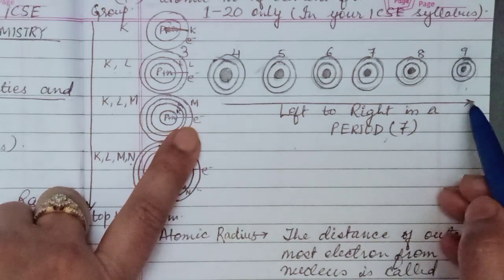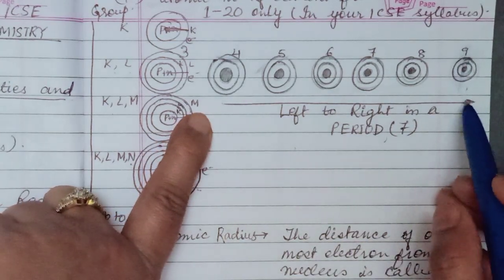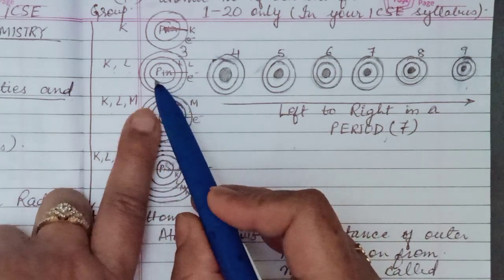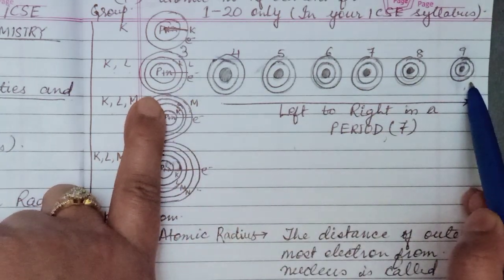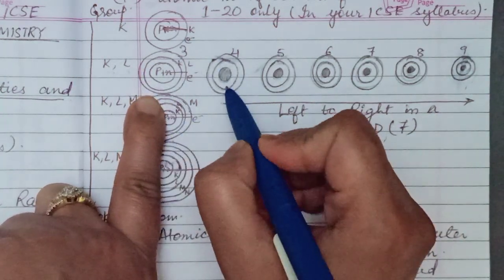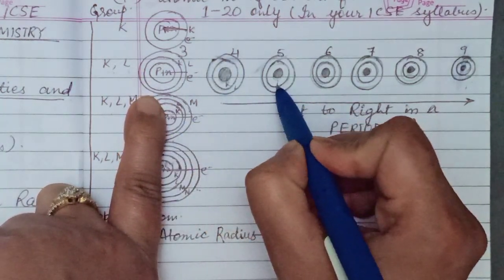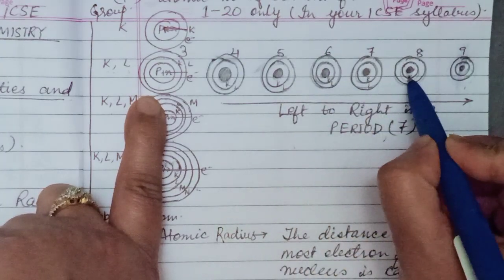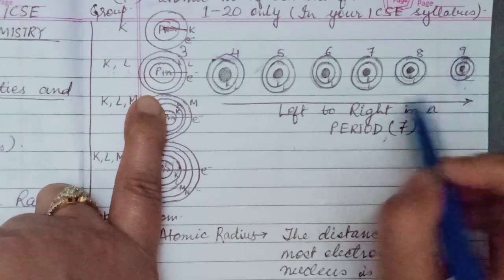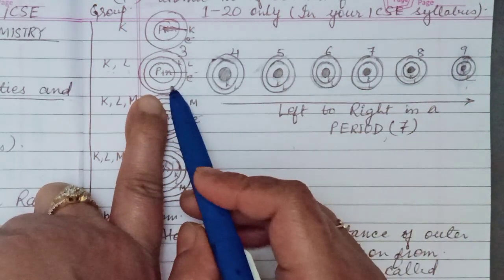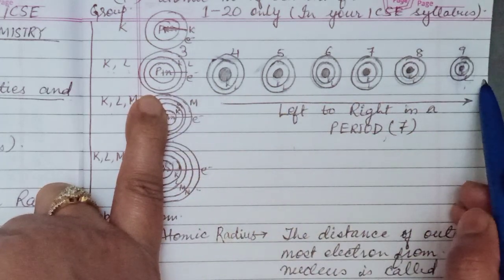One thing you have to notice here is that the number of shells is the same. From left to right, there is no change in the number of shells. Here it is K and L shell, here also K and L shell, here also K, L. Like this you can see every atom has two shells, K and L. But the size of the atom is decreasing from left to right.